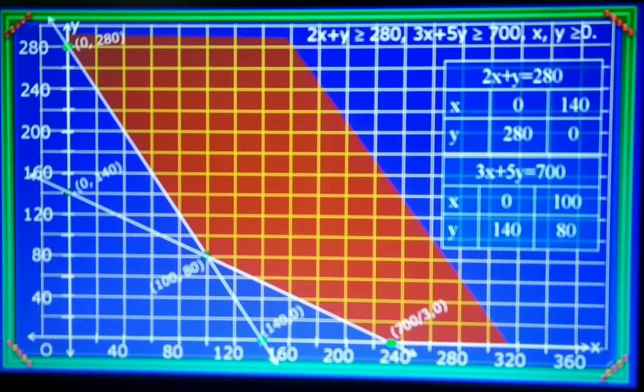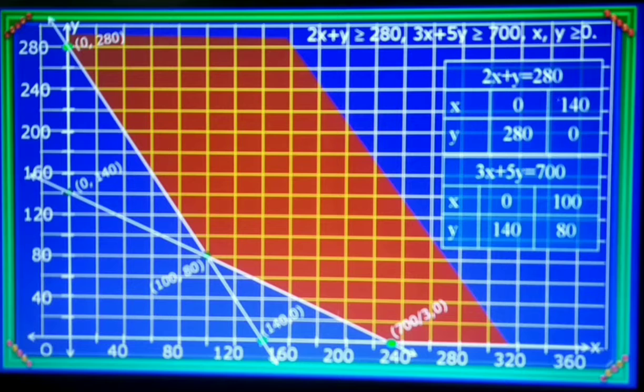So, which are the corner points? Points with coordinates (0, 280), (100, 80), (700 by 3, 0). Here, directly we will find it difficult to get this point. So what are we supposed to do?